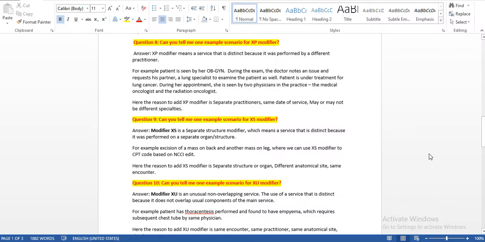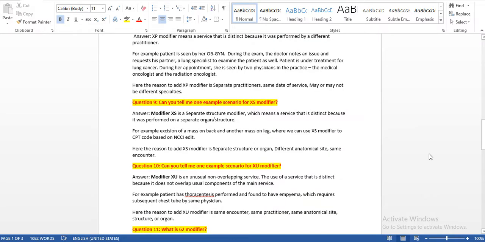Question 8. Can you tell me one example scenario for XP modifier? Answer. XP modifier means a service that is distinct because it was performed by a different practitioner. So for example, a patient is seen by her OBGYN. During the exam, the doctor notices an issue and requests his partner, a lung specialist, to examine the patient as well, as the patient is under treatment for lung cancer.